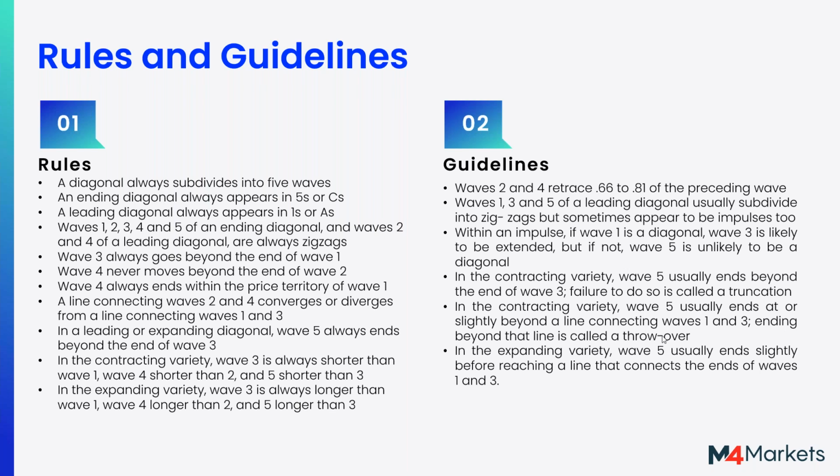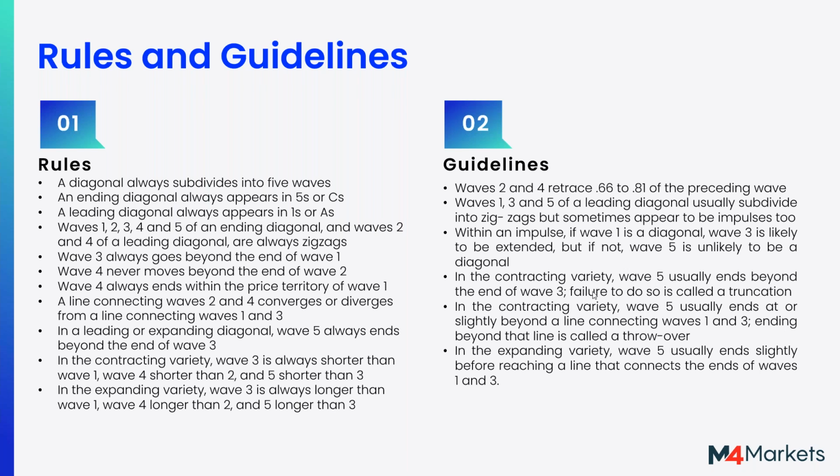That actually tells you that when you are looking at a truncation, you might have even lost an opportunity, because maybe you're expecting wave 5 to go above wave 3, and that should be the expectation.